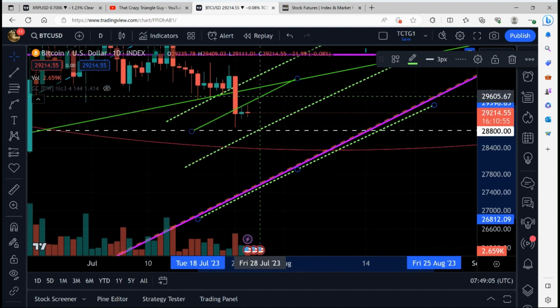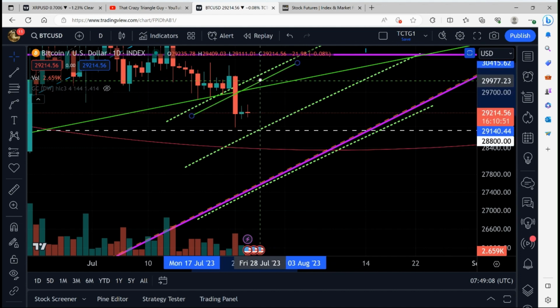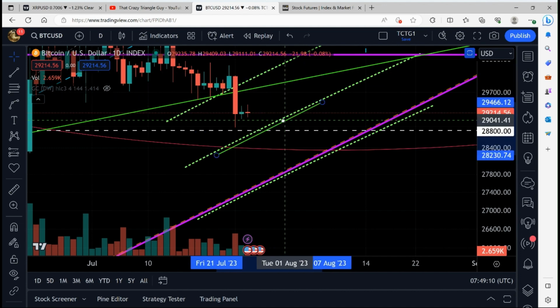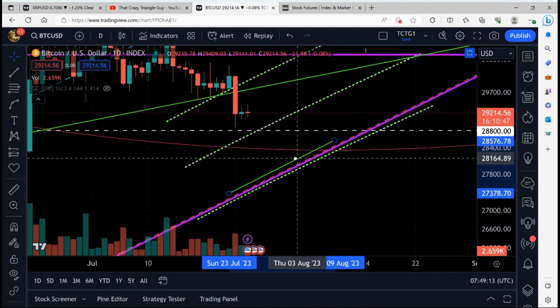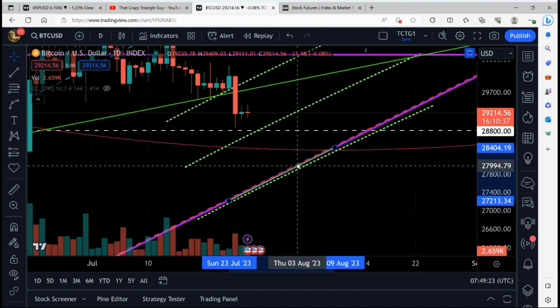But here's our line. Now let's pull this line down here. It happens to be pretty parallel to the Gaussian channel, but that's just a coincidence. Or is it? I don't know. But it's also parallel to this purple line that I've drawn, this purple trend line.